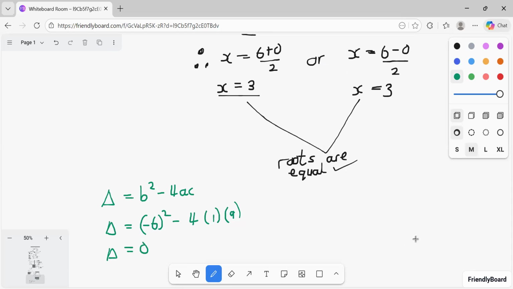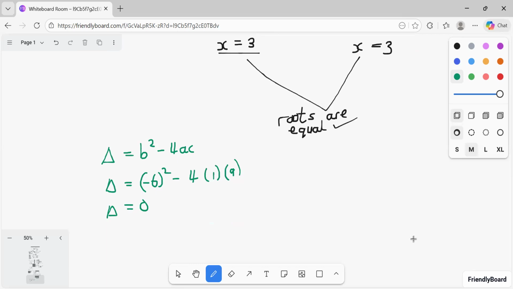So when delta is 0, what does it mean? When delta is 0, it means the nature of roots are real. When delta is 0, the nature of roots are real, rational, okay?